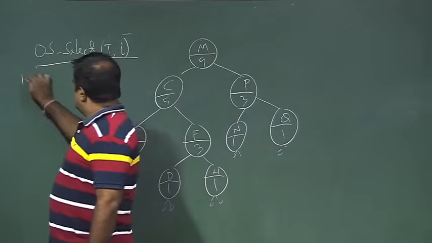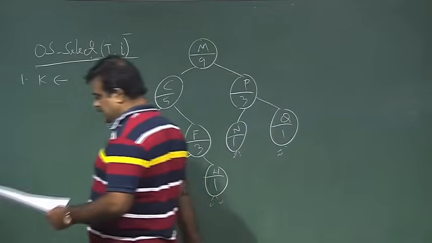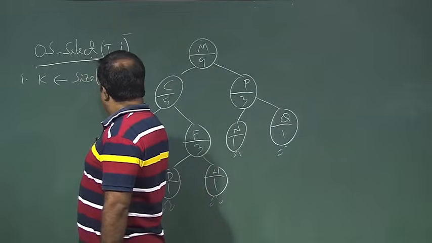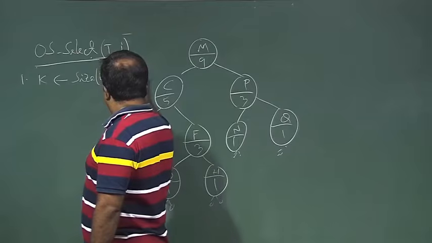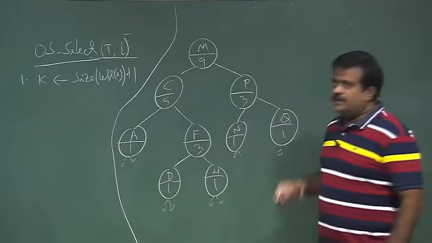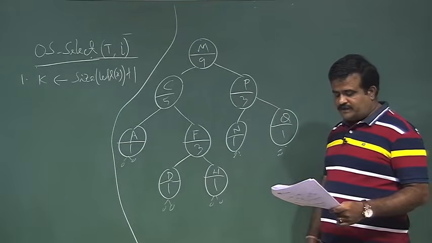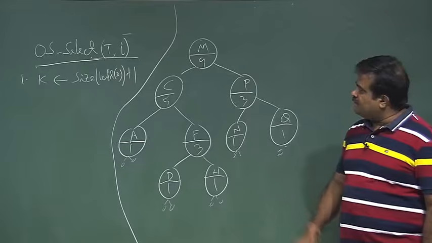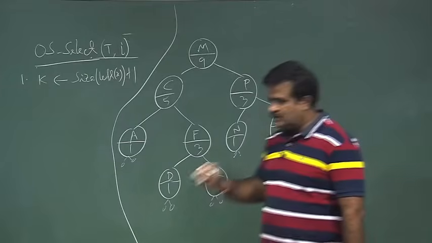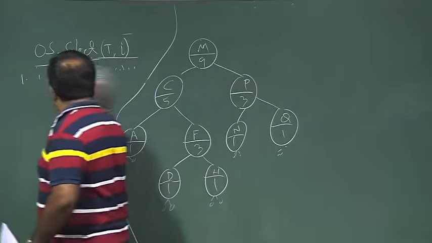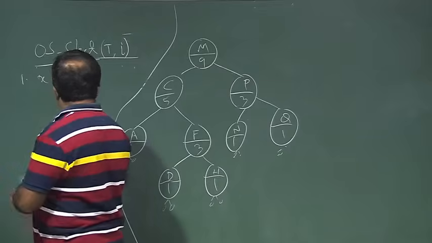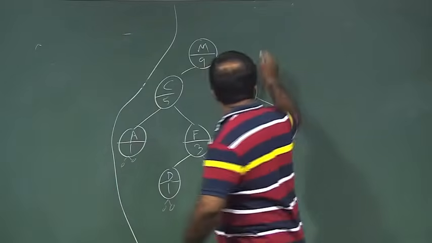So, basically we start with this. If we write k is equal to size of left of x plus 1. Can you tell me what is the meaning of this k? Before that, let us take the root as x. Maybe we can write here, there is more space.